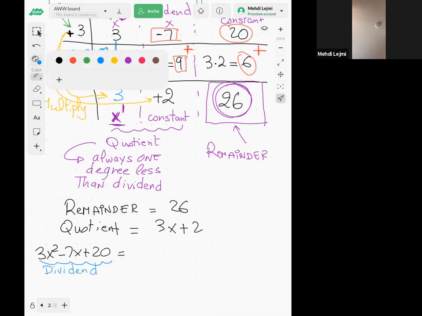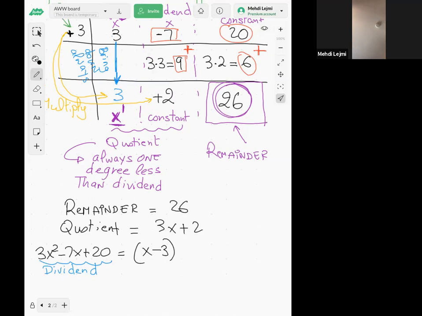That's equal to the divisor, we divided by x minus 3. So here's my divisor, times the quotient, which turns out to be 3x plus 2, plus the remainder, which is 26. And this is just the remainder.